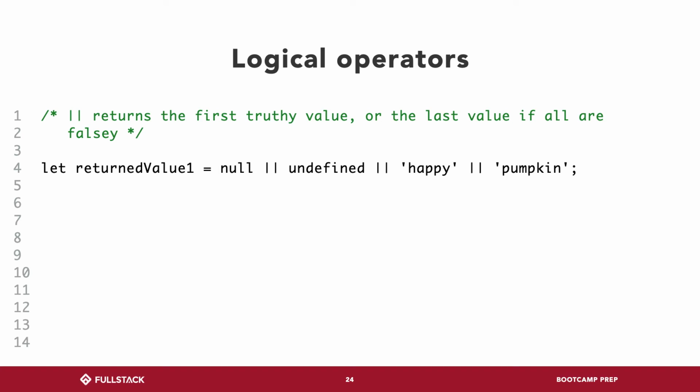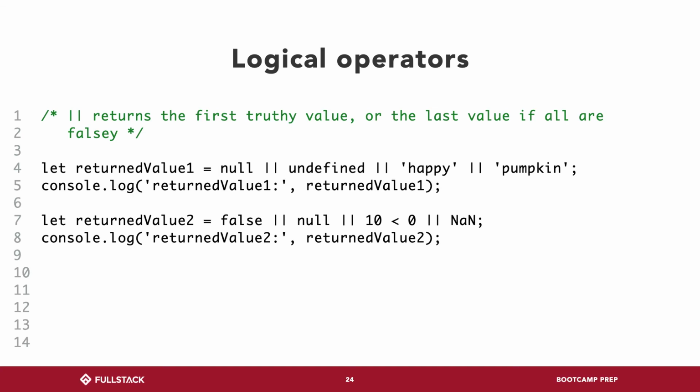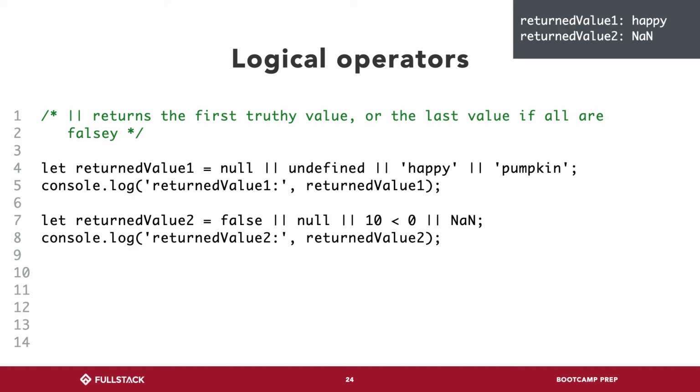Or returns the first truthy value or the last value if all are falsy. So, null or undefined or happy or pumpkin, you get happy. It returns the first truthy thing. Or it returns the last falsy thing, if nothing is truthy.